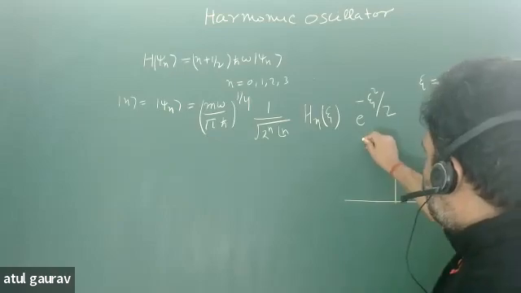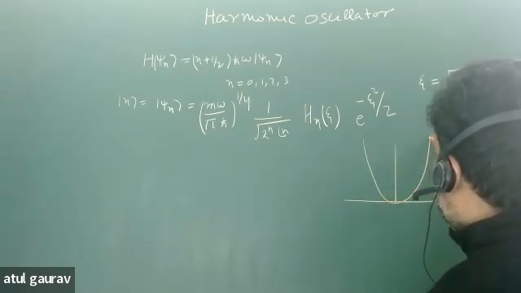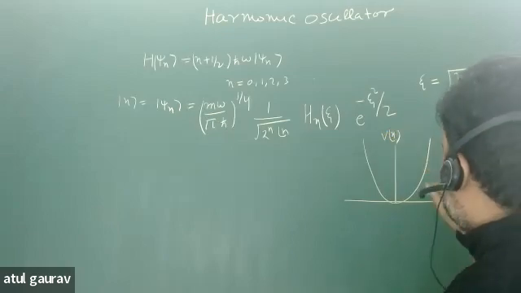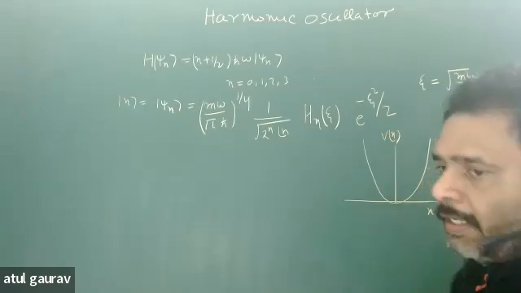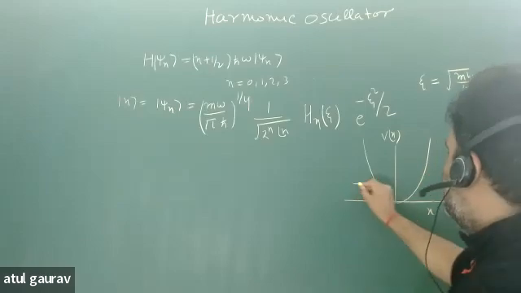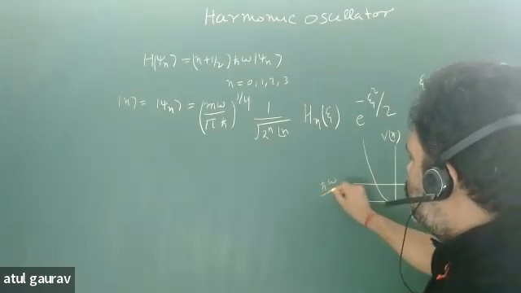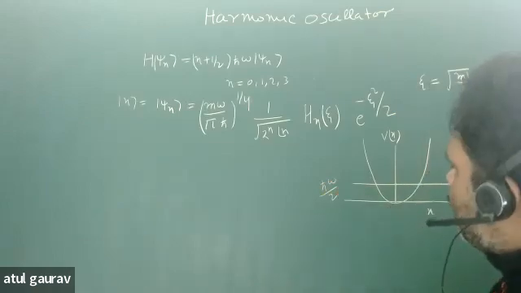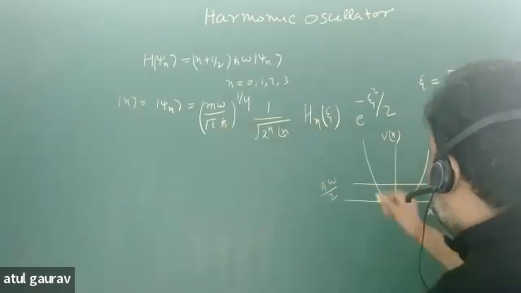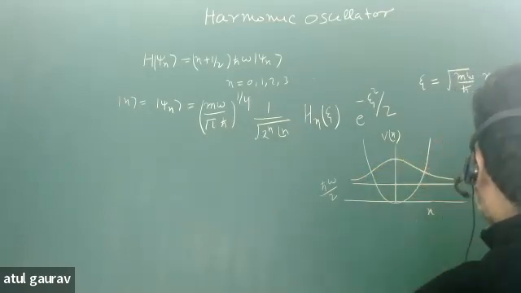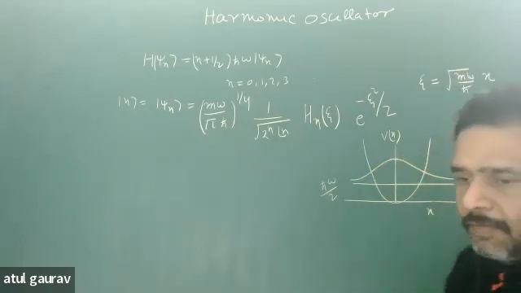This is our potential V(x) versus x. The minimum value of energy is h cut omega upon 2, and that is for n equal to 0. And you can have a very beautiful wave function. This is popularly known as the Gaussian wave function.